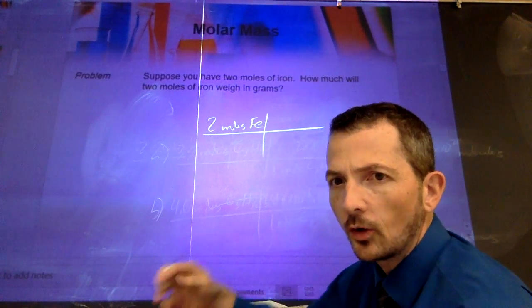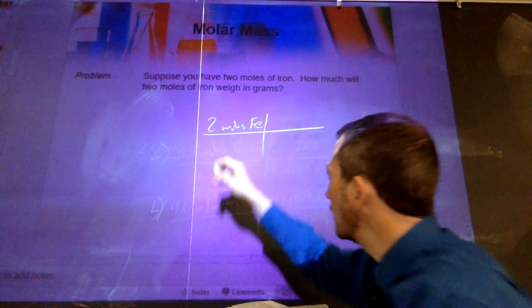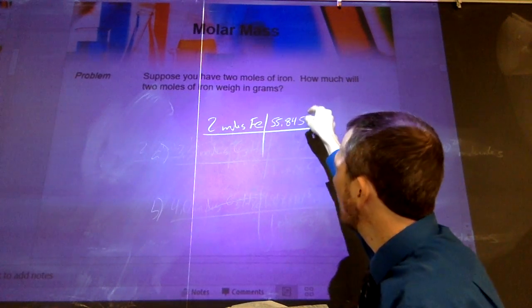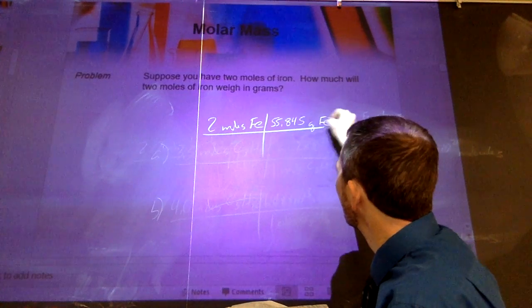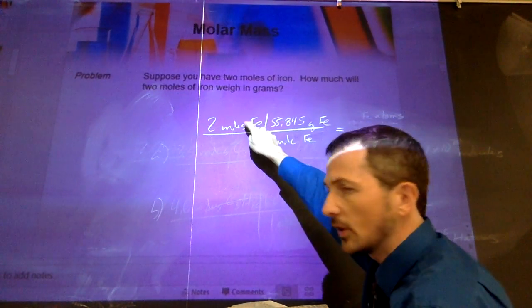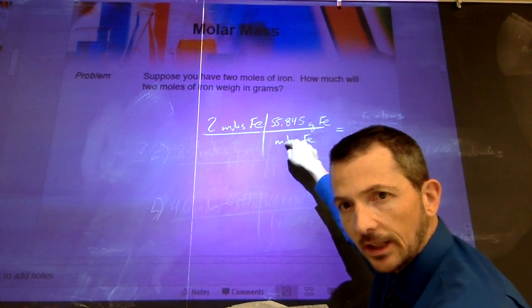It's grams per mole, and I want the moles to cancel out, so that means I want the grams on top. If this was grams, then my molar mass would be down here because I would want the grams to cancel out.